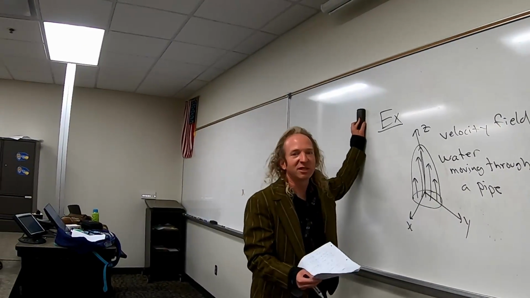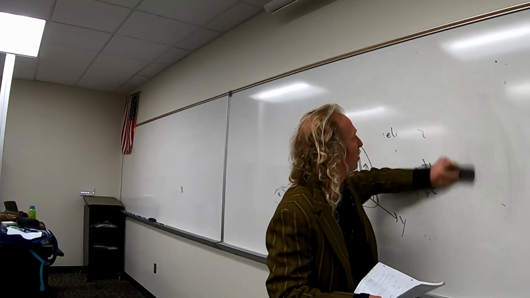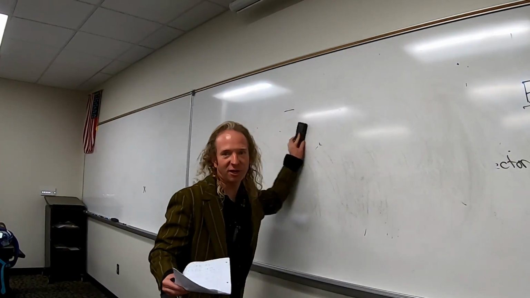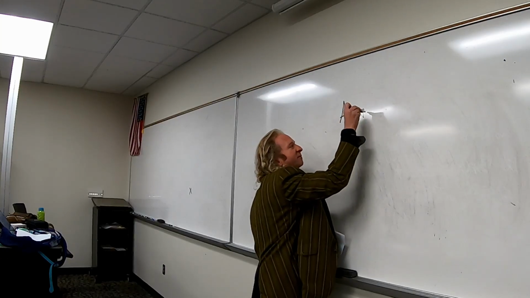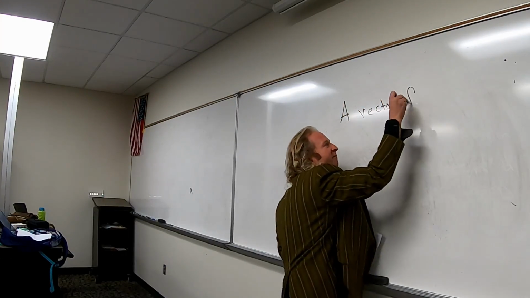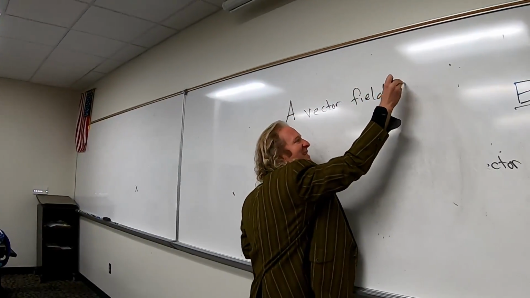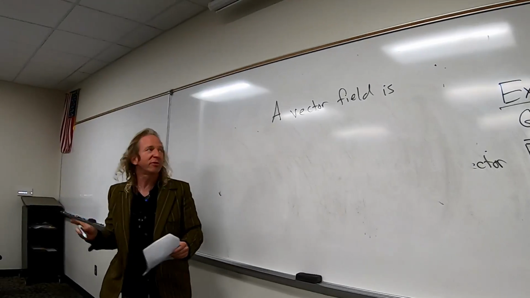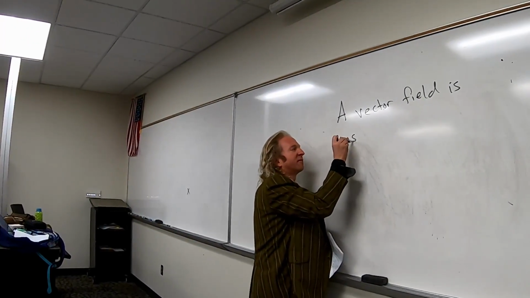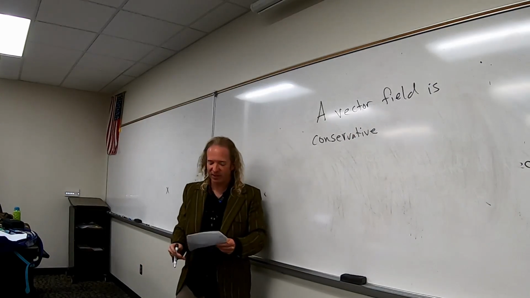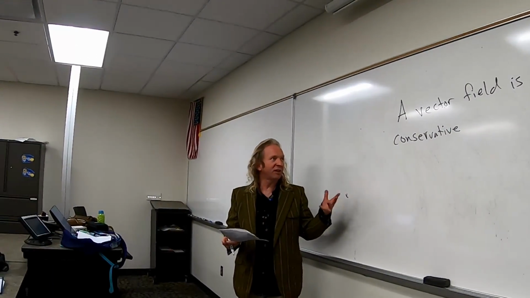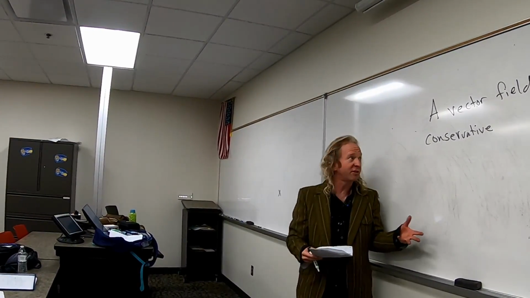So what are we doing in this class? We're going to be looking at what's called conservative vector fields. Let's talk about those. So a vector field is conservative, and the name has to do with something from physics, the conservation of energy.